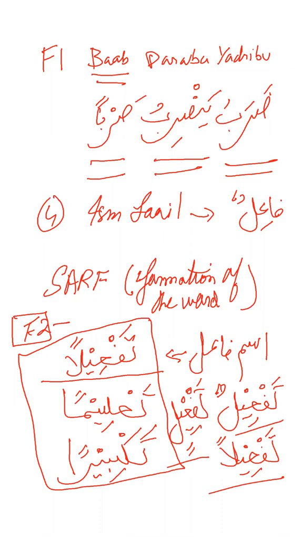So in a sentence, the fa'il and maf'ul are the buckets in which ism fa'il can drop, into the fa'il bucket as well as the maf'ul bucket. For example, let me just show you with an example so you know.